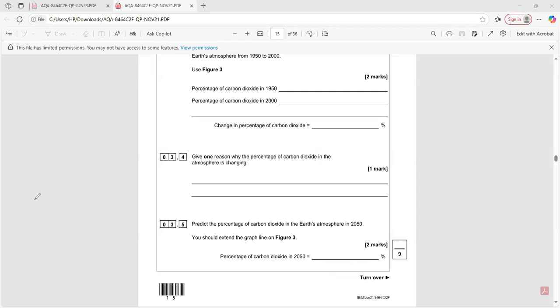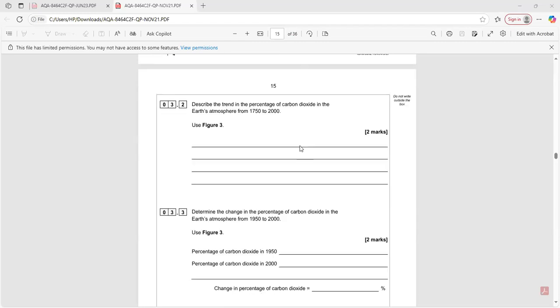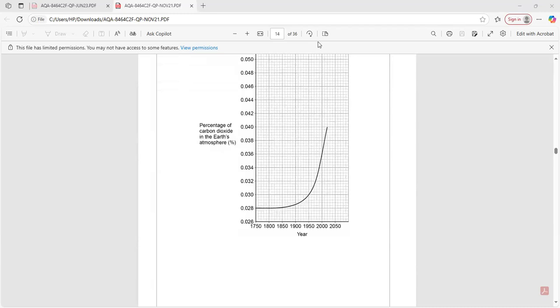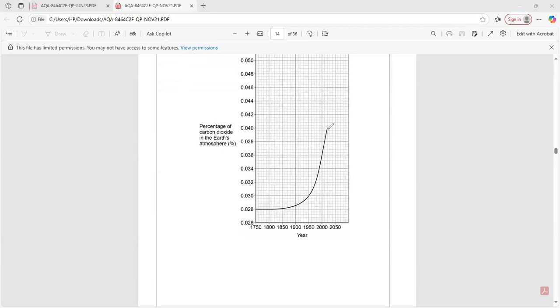Let me see if I can just draw something there to show. 2050, right? So just imagining that your graph went all the way up there, and I think I've touched the line for 2050. So this is the line, right? And it goes all the way up here.